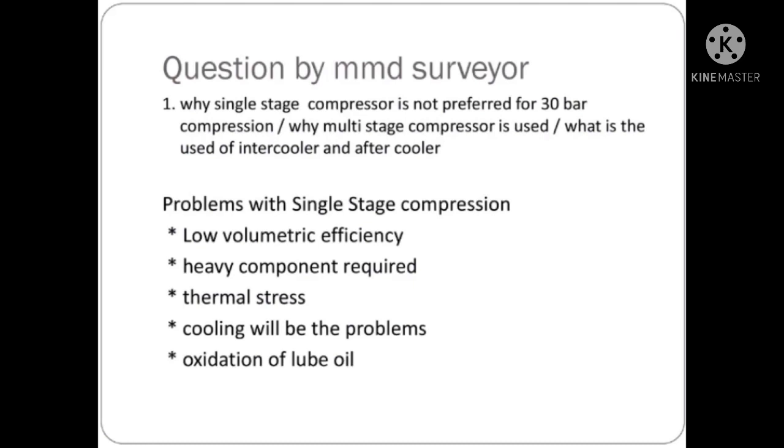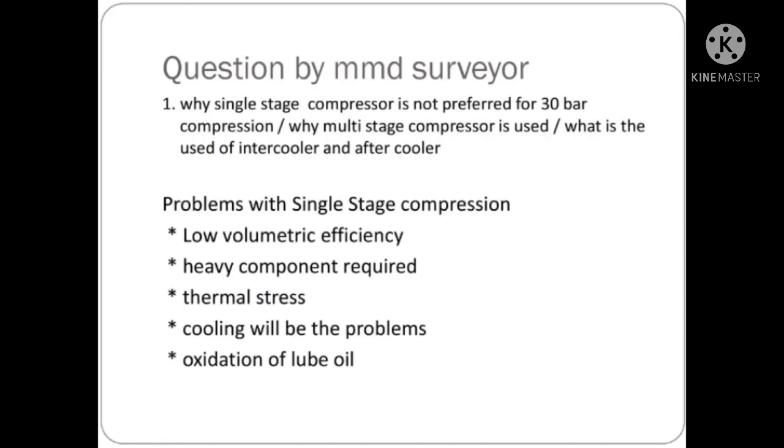There are many problems with single stage compression. First is low volumetric efficiency, heavy components required, thermal stresses are also high, cooling will be a problem, and oxidation of lube oils. One of the major problems is the volumetric efficiency. Guys, we know that 30 bar compression is very high compression.